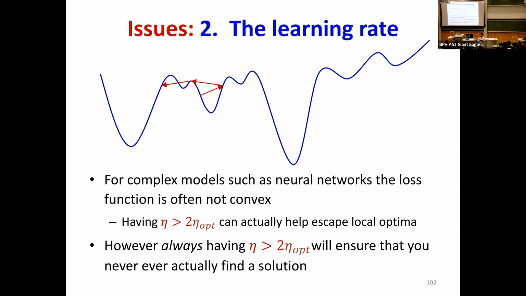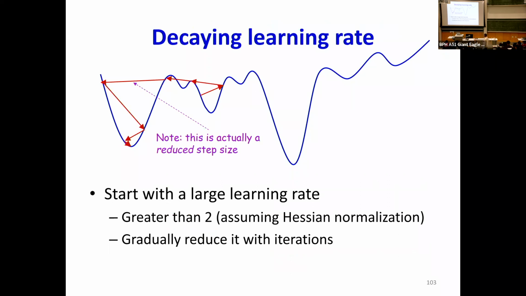The assumption is that large bowls are more likely to be good minima than small bowls. It still doesn't mean it's a global minimum, but there's an expectation that it's a better minimum. So start with a large learning rate greater than twice the optimal step size, if you normalize it, greater than 2, and then gradually reduce it with iterations. This is what you really want to be doing.